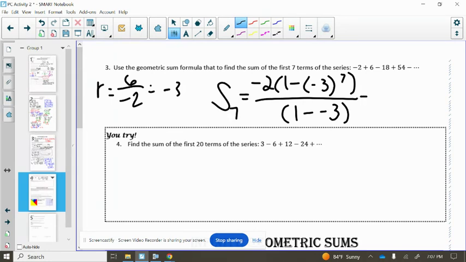This time we're actually going to get a negative sum, which is sometimes possible. If we're adding up terms where every other one is negative, sometimes that's going to happen. In this case, our value is negative 1,094. There is one similar to that for you to try as well in number 4.